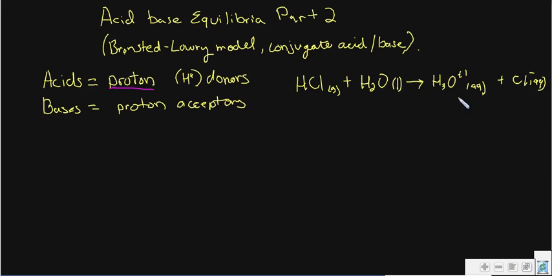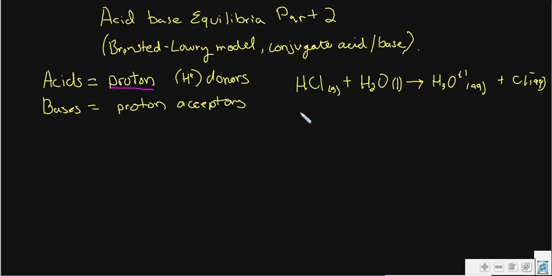So the hydronium ion, H3O+, is also called a hydrated ion. It's received an extra hydrogen. It has had a proton donated to it, and so it becomes H3O+. And so this is how you write it. So this would be written correctly in the Bronsted-Lowry model for the idea of an acid.